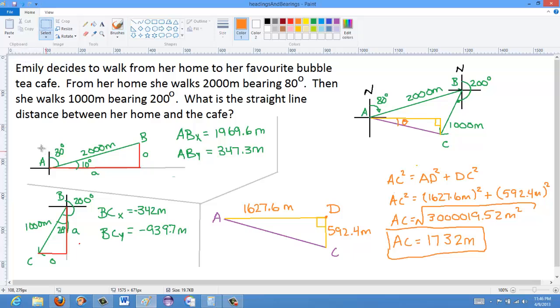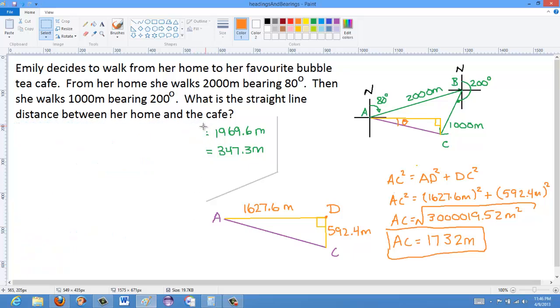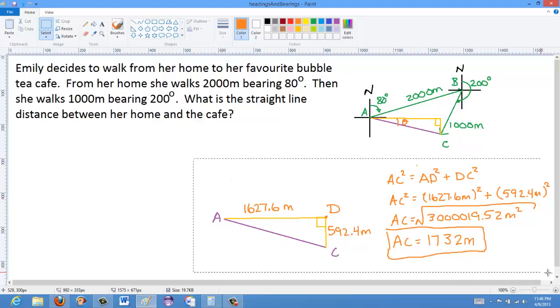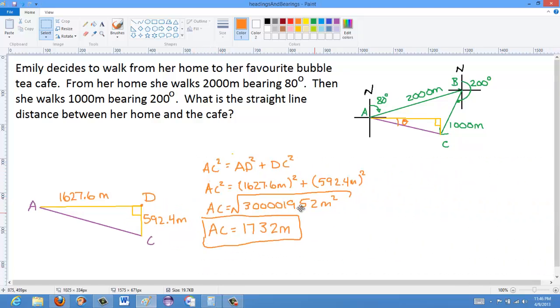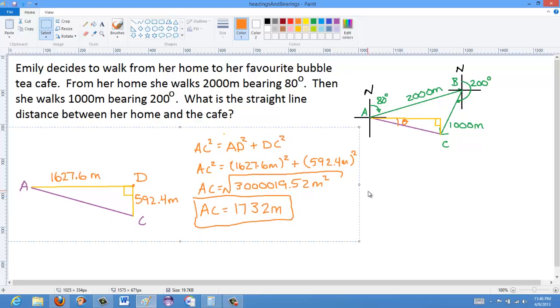I'm going to have to get rid of some of this other work because I'm running out of space rapidly here. Okay, so there's the final triangle.